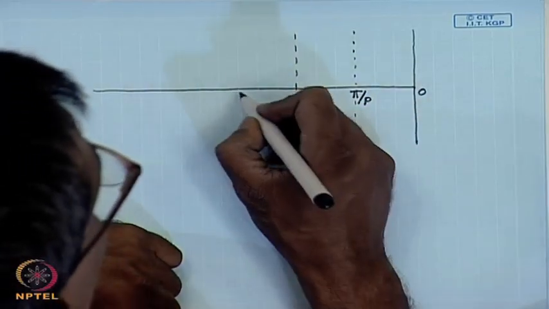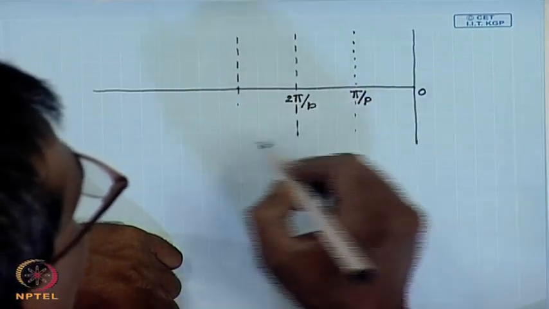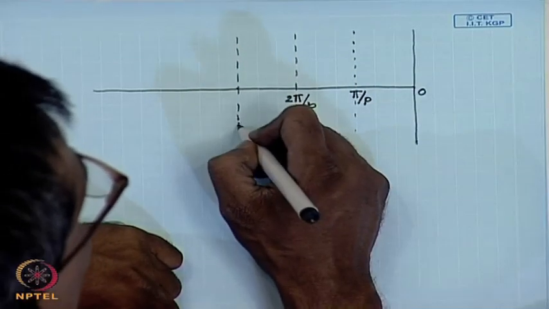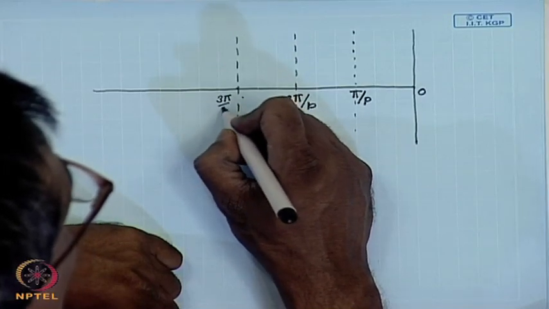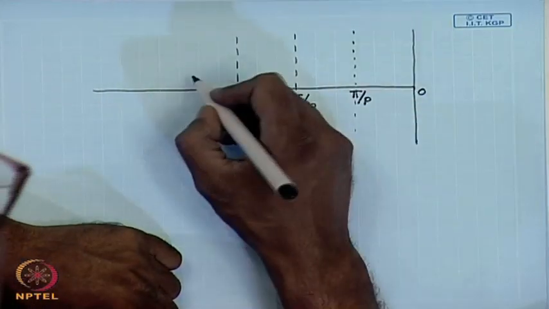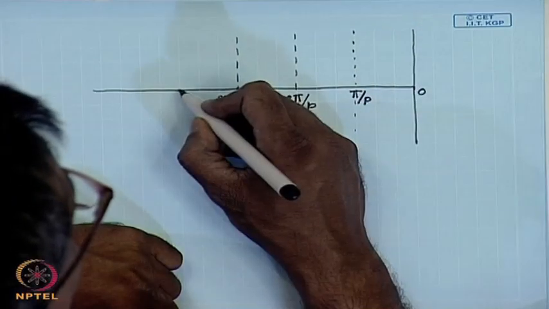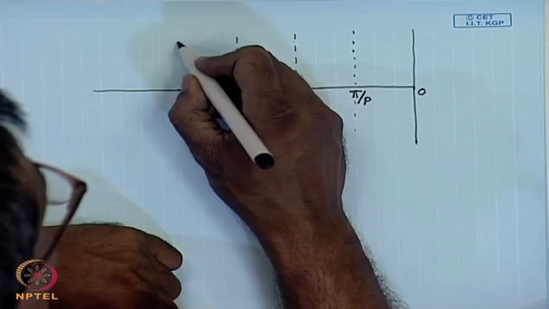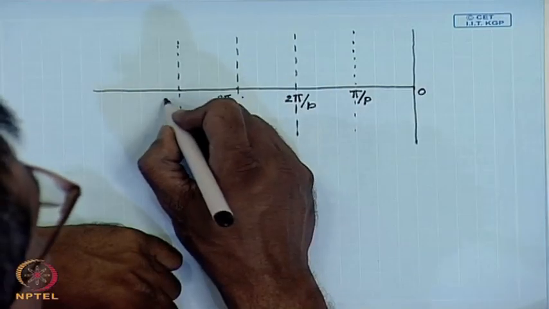The next pole will come at 3 pi by p. And we will come back to the original position for the next polar region. Interpolar region will be at 4 pi by p.